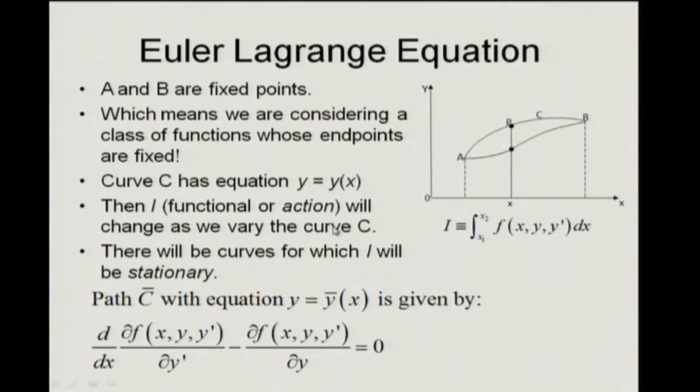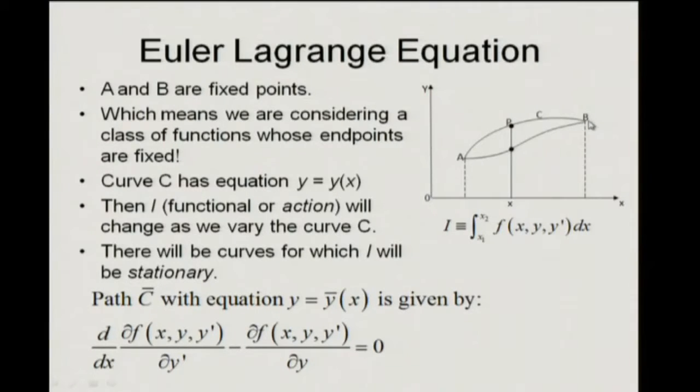It is an interesting concept overall, where you start by saying that I have a fixed point A and a fixed point B on this trajectory in the xy plane. This curve C is a function of the type y equals y of x, but all of these curves belong to the type where it passes through A and B. So, fixed points.